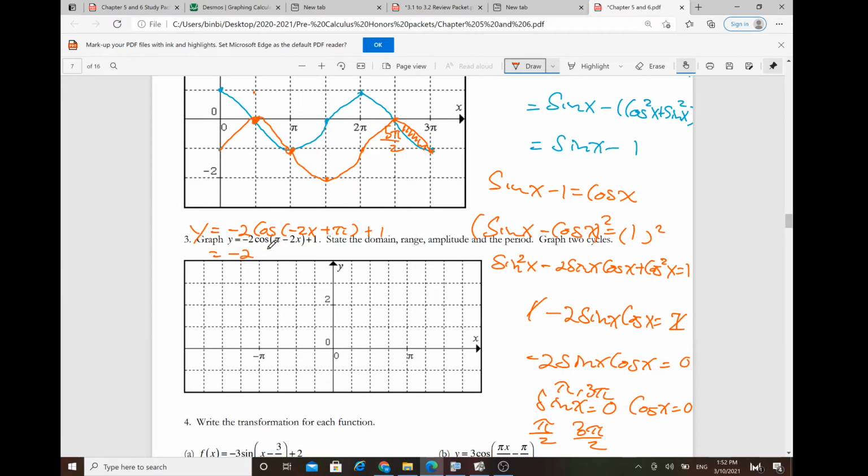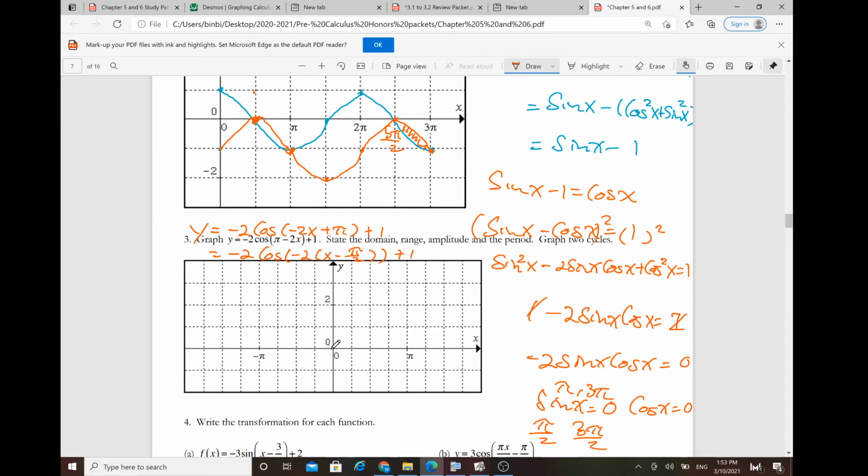So it's -2 cosine of -2 times x, or just put in 2 because that shows the reflection. And by the way, the negative, you can put it out because that one is an even function. So let's simplify that. So take out -2 first. So we got x minus pi over 2 and then plus 1.